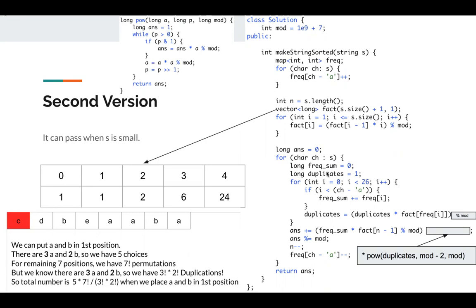So when we calculate duplicates, we can mod this number. And finally, we just multiply by duplicates to the mod minus 2, and finally we mod this. Okay, this is the final answer.